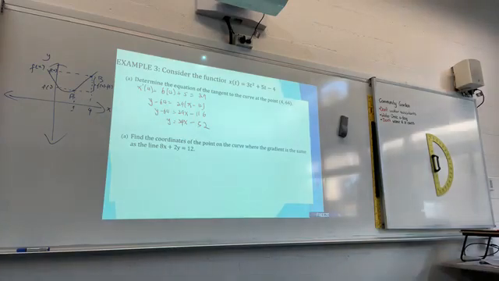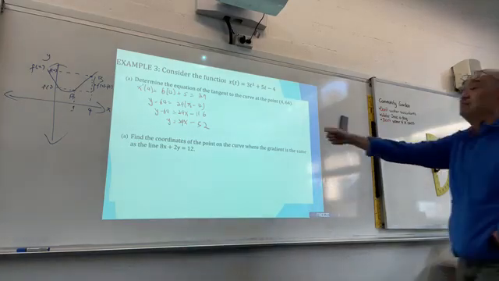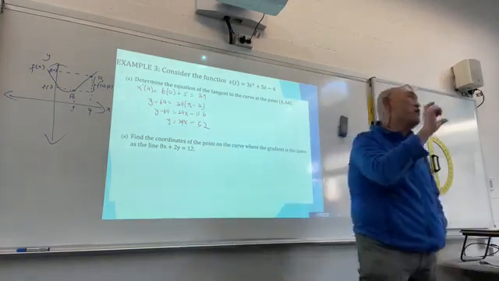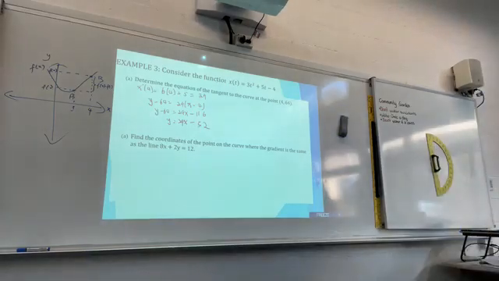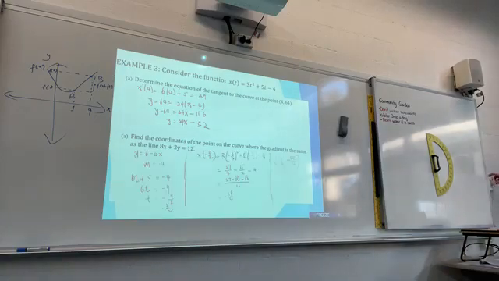What you need to do is find the gradient first from this line. You could rearrange it into y equals mx plus c, and you know that m is minus 4, correct? So therefore you should be able to work out what t is and substitute t into the function x(t).